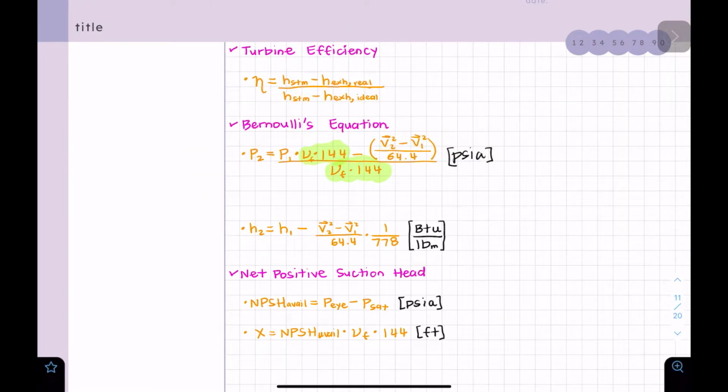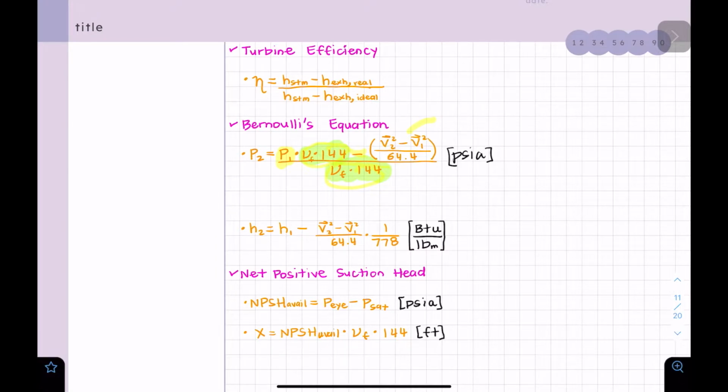I'm going to use another color because then, okay, so I have initial pressure times specific volume of the fluid times 144. And this one goes here below 2 minus speed squared of the final minus speed squared of the initial over 64.4.